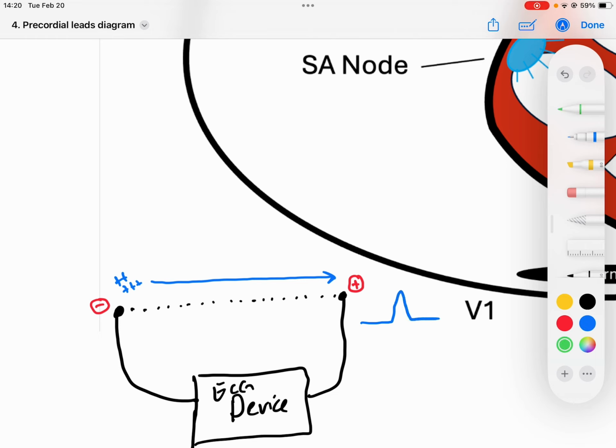On the other end of the spectrum, if you have a wave of depolarization or positive forces going in the direction from positive to the negative electrode along that axis, which is really important, then you will get a negative deflection.